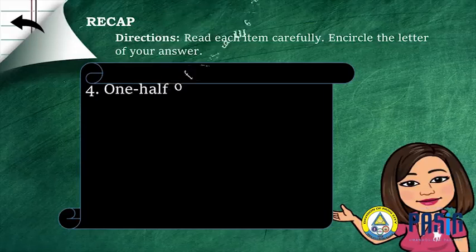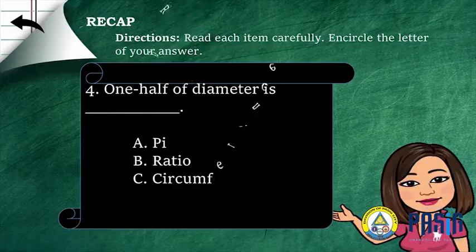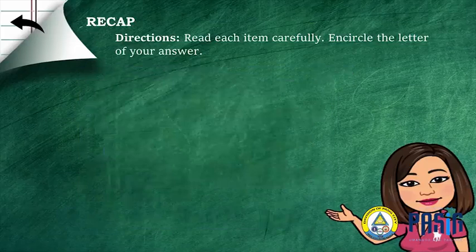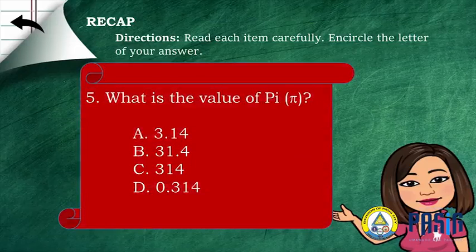For number 4, 1/2 of a diameter is blank. A, pi, B, ratio, C, circumference, or D, radius. For number 5, what is the value of pi?